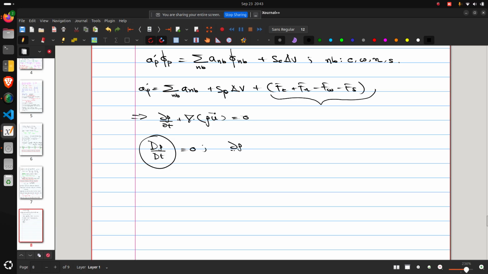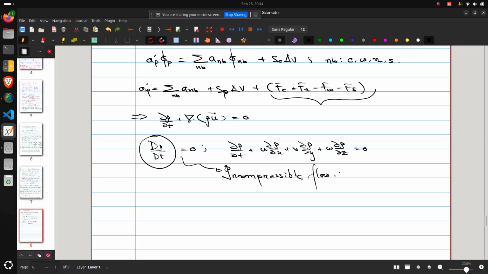It means that dou rho by dou t plus u times dou rho by dou x plus v times dou rho by dou y plus w times dou rho by dou z equal to 0, right. This is the actual definition of an incompressible flow, right, not an incompressible fluid. Remember, these are two very different things.